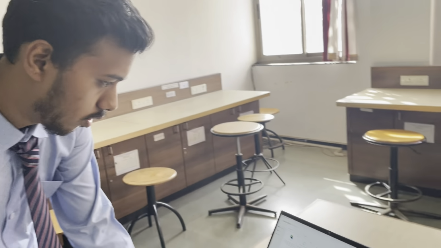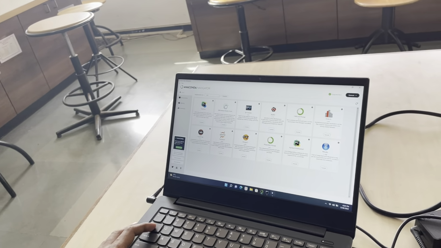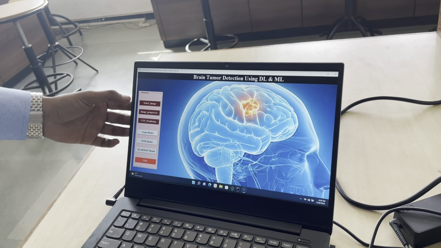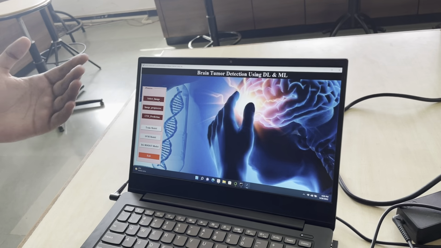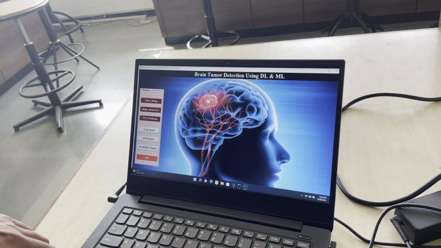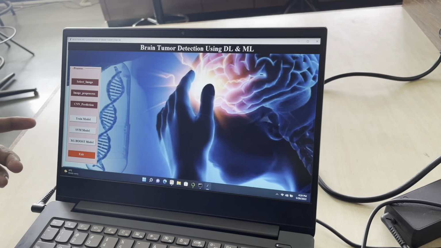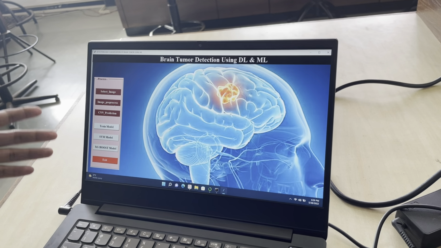Moving forward, this is the GUI that we have made, in which we have a button to select an image in order to give the image as an input to the code. Then we come to the next part, image pre-processing.